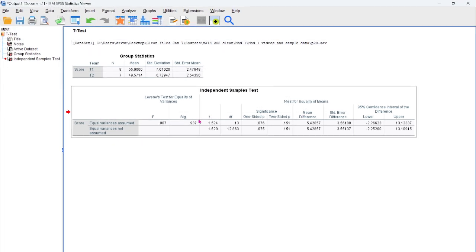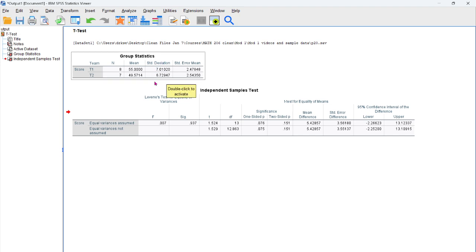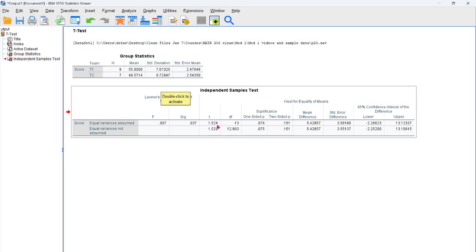And then we have down here Levene's test. The p-value for that is 0.937. You can't get more consistent than that for the most part. The t statistic is 1.524. 1.96 is the reference value on the standard normal. This is a t, and it's a t with low numbers, so it's going to be bigger than 1.96, but this doesn't look like a significant test.